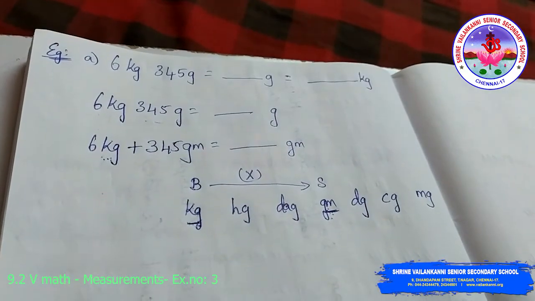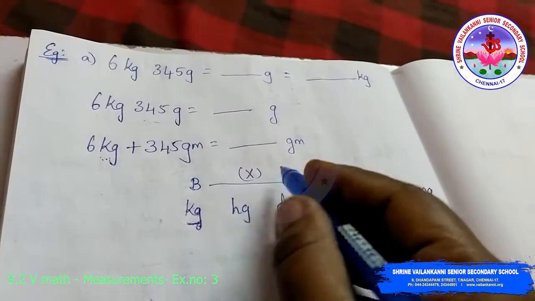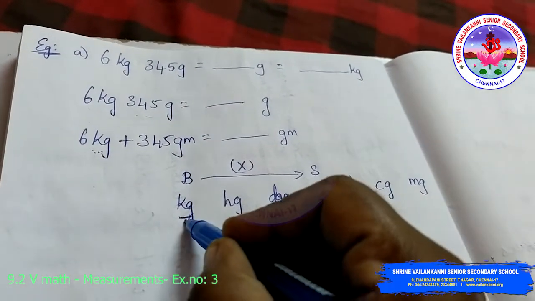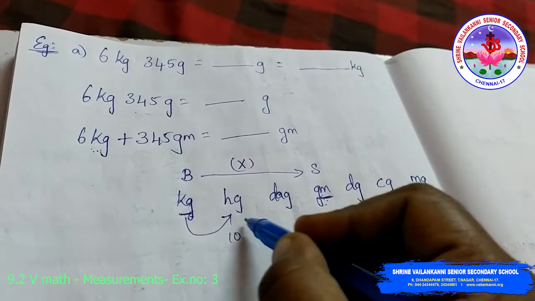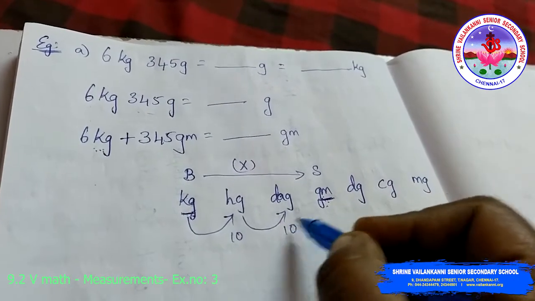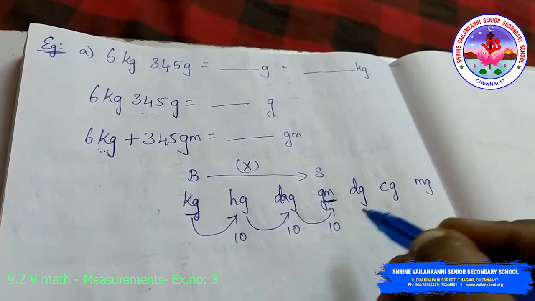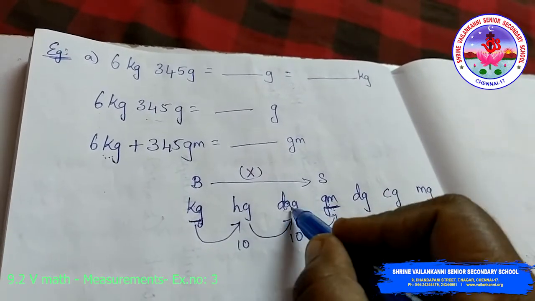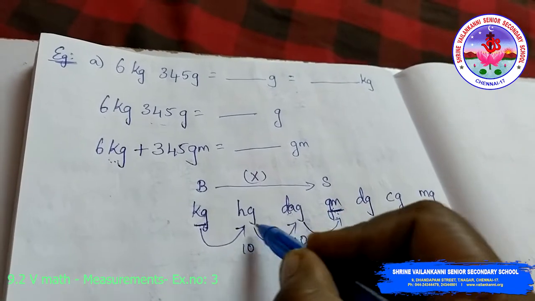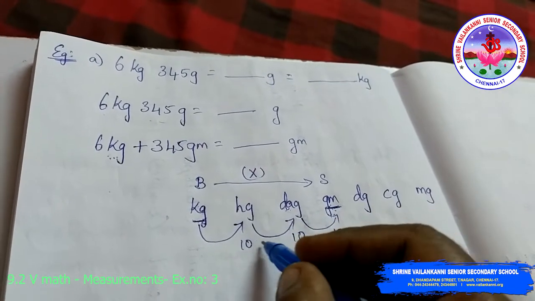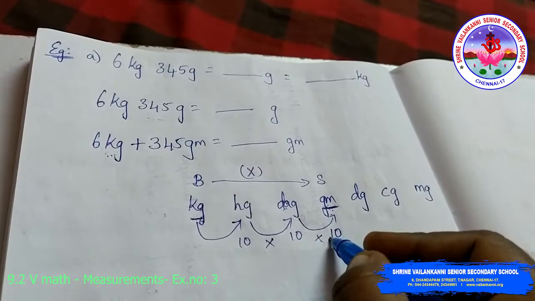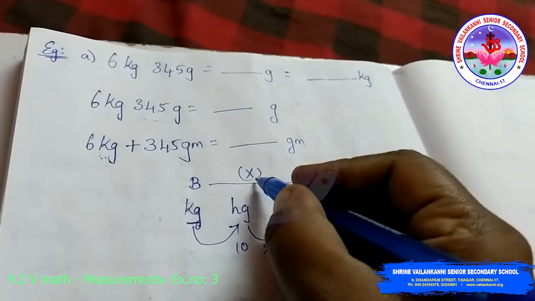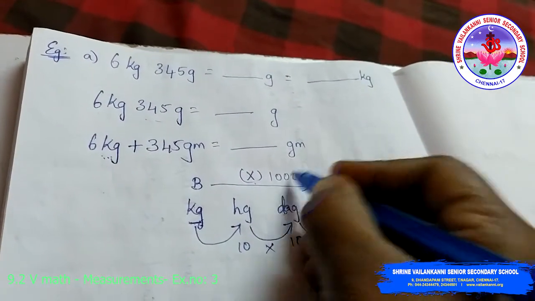With what value do you have to multiply? If you see, from here to here 10 units, here to here 10 units, and here to here 10 units. Each and every unit is 10 times greater. Decagram is 10 times greater than gram. So 10 into 10 into 10 together is 1000. So we are going to multiply with 1000.